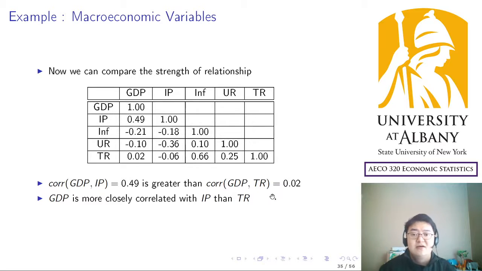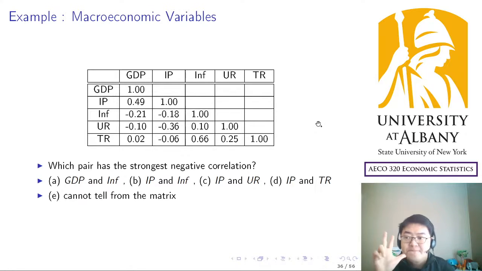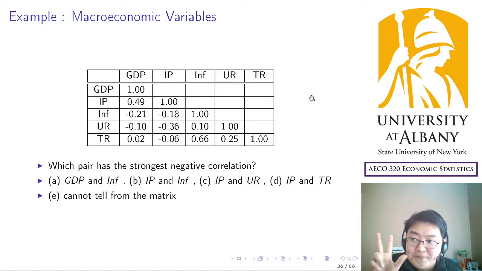Makes sense. And then let me ask you this question. Which pair has the strongest negative correlation? That's easy. Try this. 3, 2, 1. I think among the negative ones, there are only 5 negative numbers.